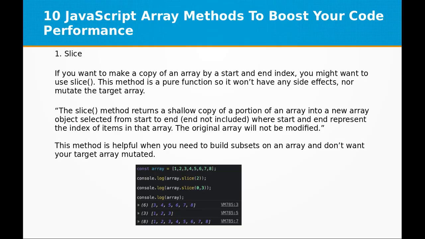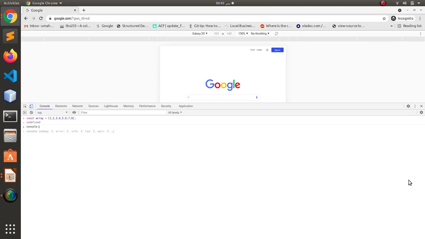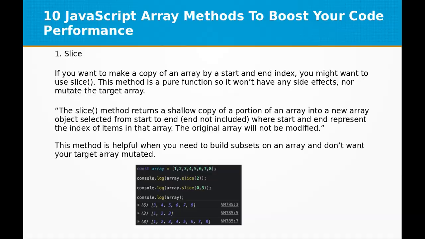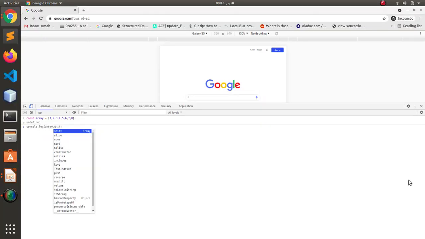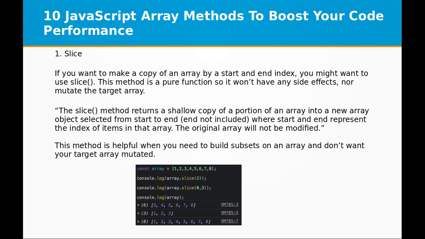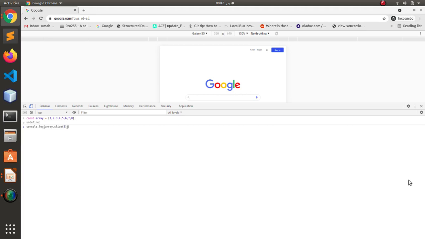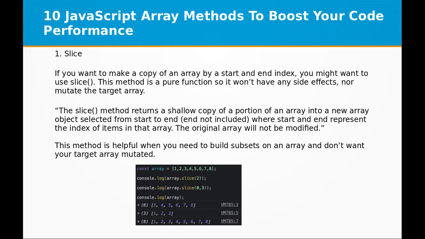Okay, we have an array. Now if I say console.log array.slice 2, I'll get 3 4 5 6 7 8 because it has sliced the first two index elements, that is 1 and 2, from the array.